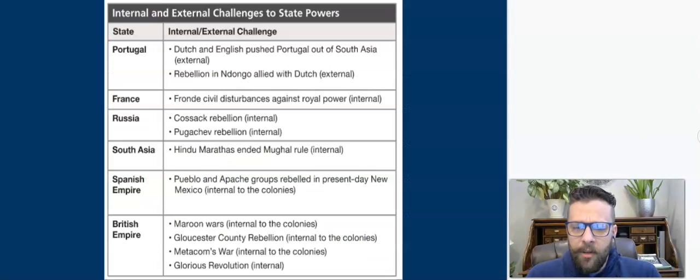Again, there's lots of good examples here to pick from this unit. So I'm going to add some information into the comments section and on our class website that you can check out as well. I wanted to give you a couple of examples that you might choose to focus on as we're talking about the era of challenges to state expansion and authority.